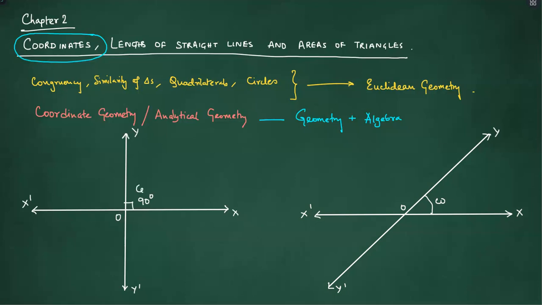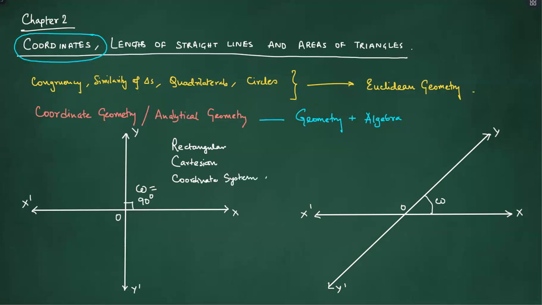If this omega is equal to 90 degrees, then we call this the rectangular Cartesian coordinate system.